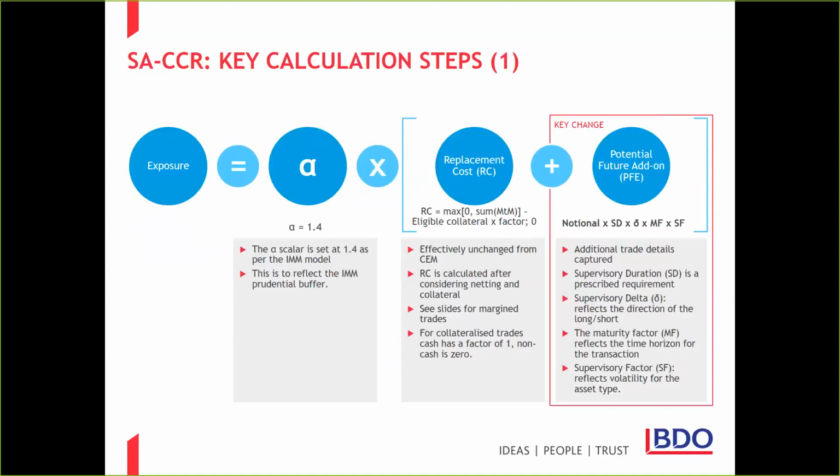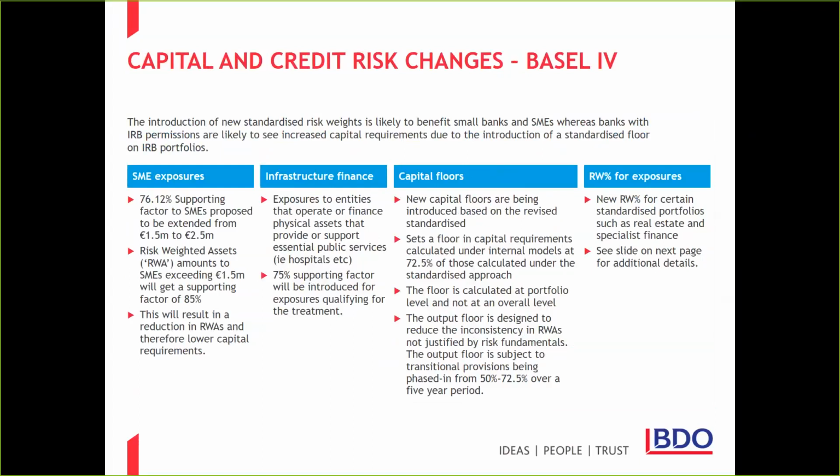So that adds some complications to the way you calculate potential future add-ons for firms. If you have a big counterparty credit risk book, then that may potentially have an impact. I talked earlier about the credit risk changes on SME exposures.